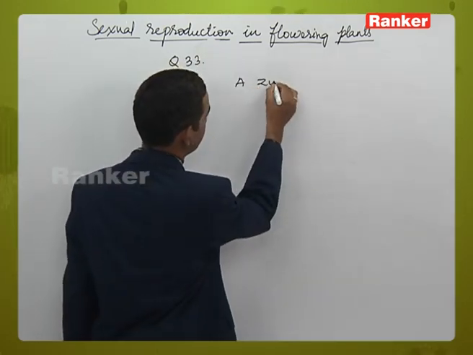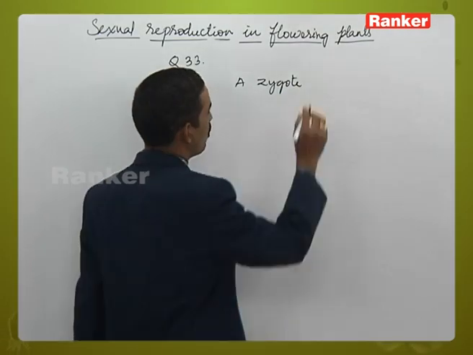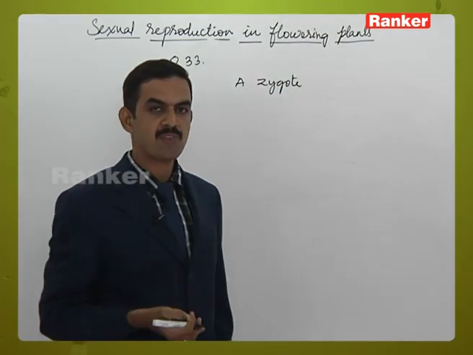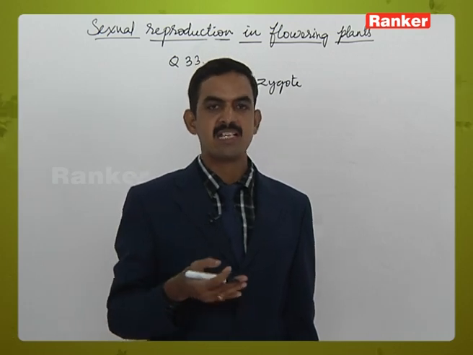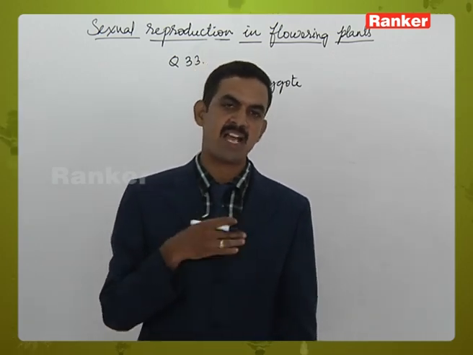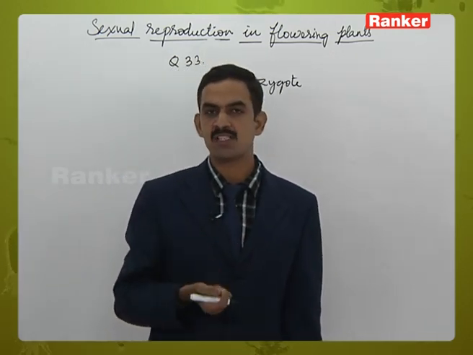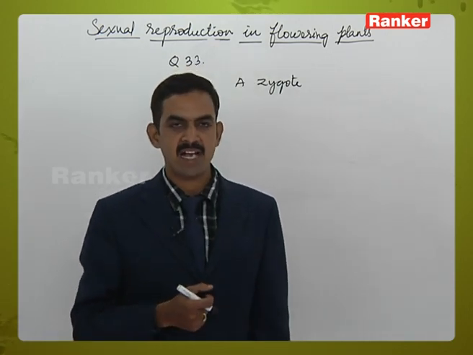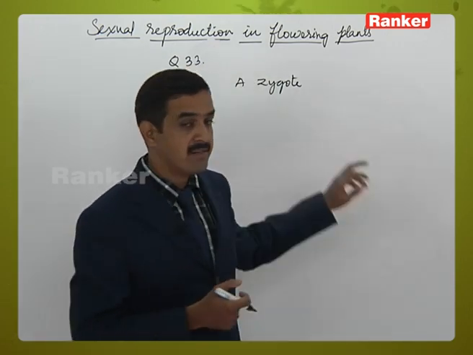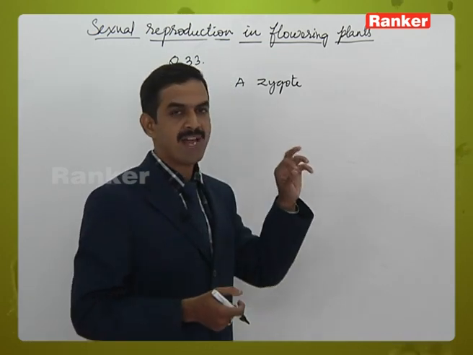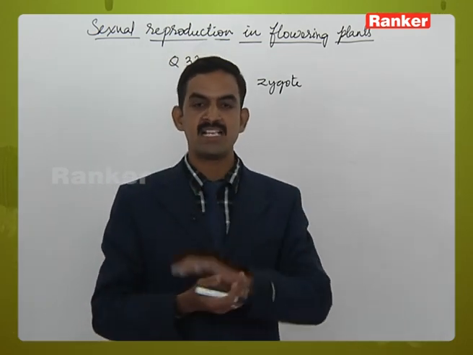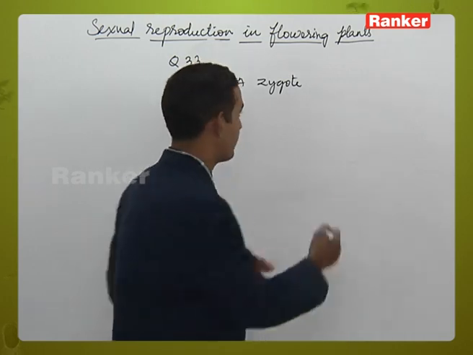Zygote. Zygote is the first cell of the sporophytic generation, that is, the first diploid structure in the life cycle, and it is formed as a result of fusion of a male gamete and a female gamete. And this is formed as a result of syngamy, so we call it a product of syngamy, that is 3.